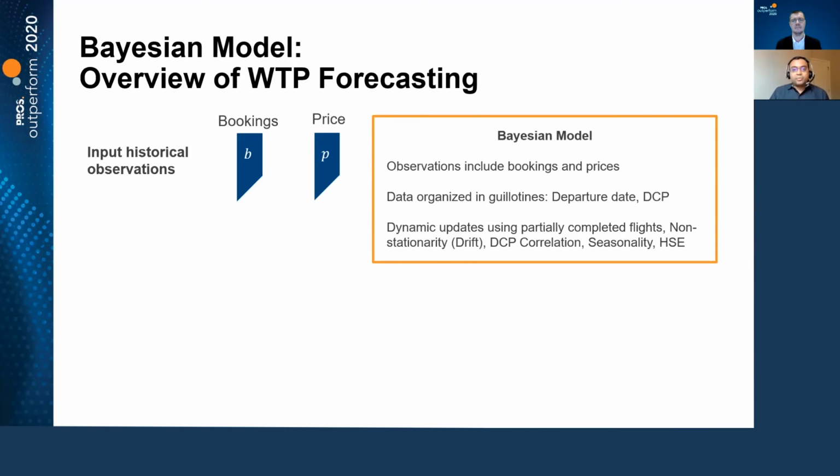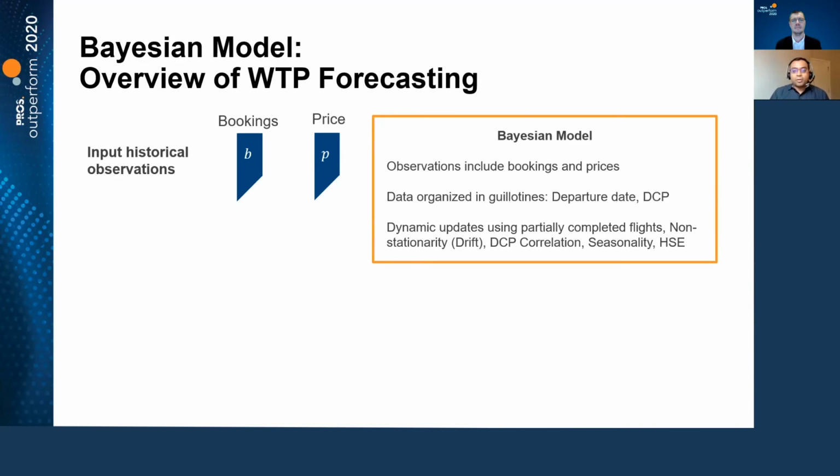The willingness to pay forecaster is a configuration of our Bayesian model. And therefore, all the good functionalities that you associate with the Bayesian model for our traditional forecaster naturally extend to this forecaster as well. In particular, it means that we organize the data into data guillotines, and therefore we can make much more dynamic updates to our forecaster by making use of partially completed departure dates.